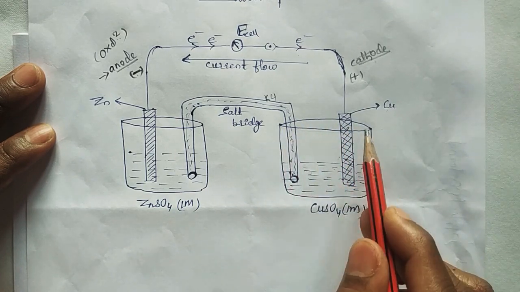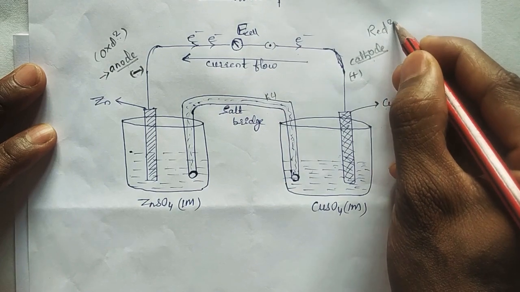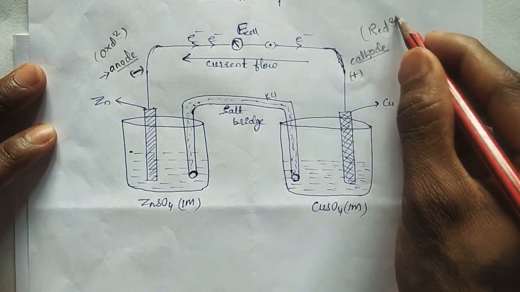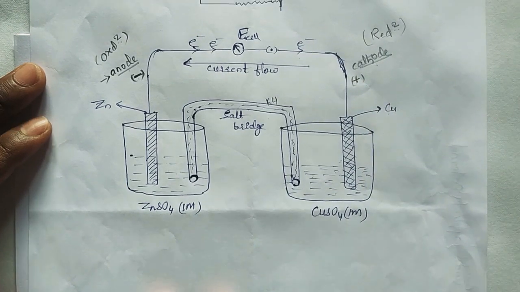The compartment in which reduction reaction takes place is known as the cathode, which is positively charged.